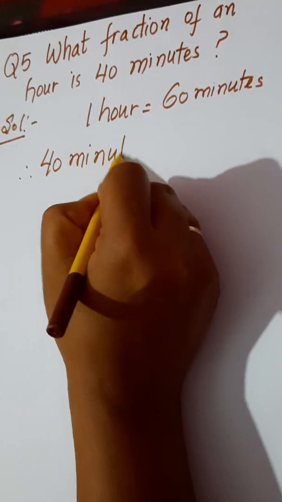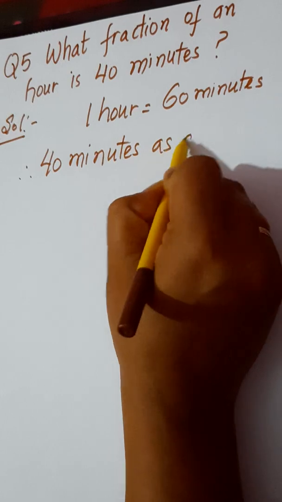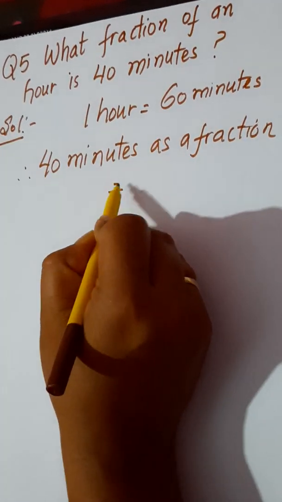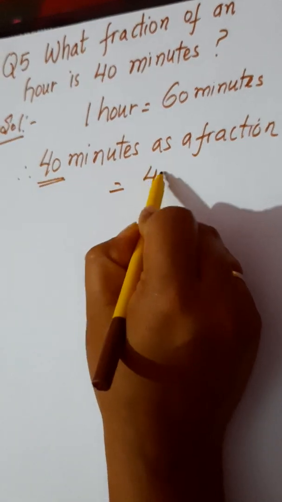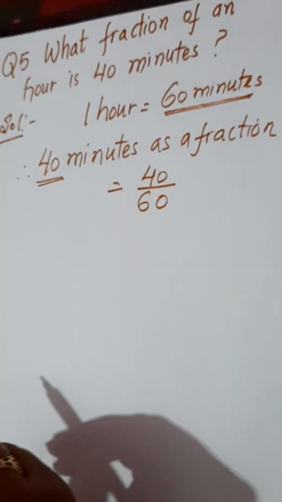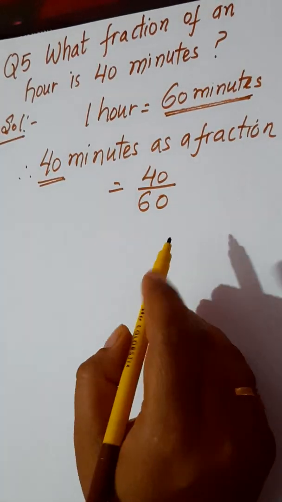Then 40 minutes as a fraction is equal to 40 in the numerator and total minutes in the denominator. So your answer is 40 upon 60.